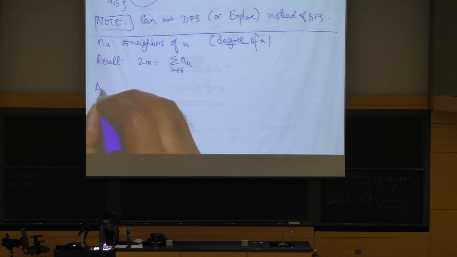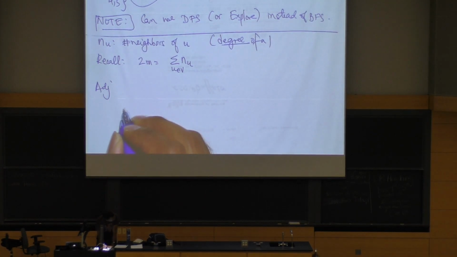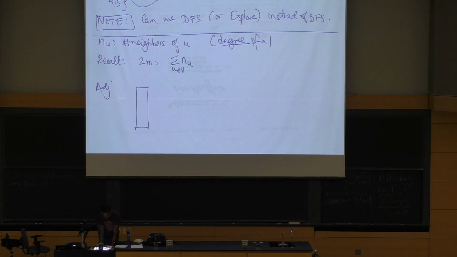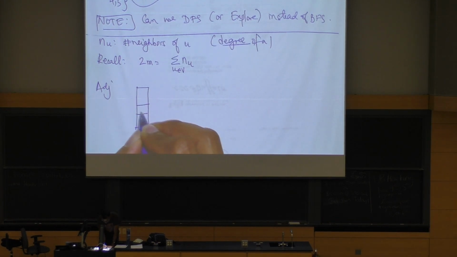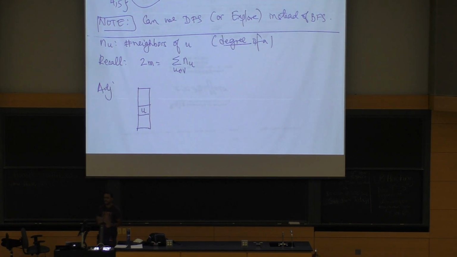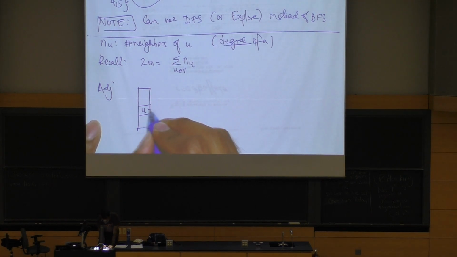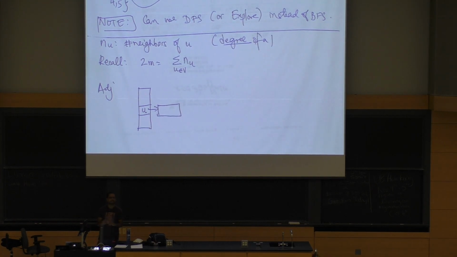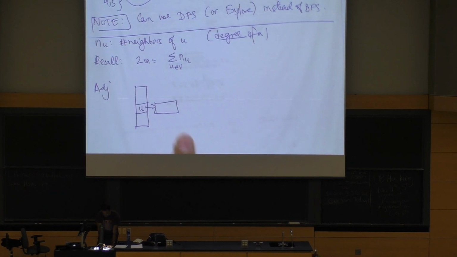Now let's look at an adjacency list. I have a list of pointers to linked lists, with one entry for each vertex u, and then it has its list of neighbors, say in a linked list. How many entries would be there in this linked list?